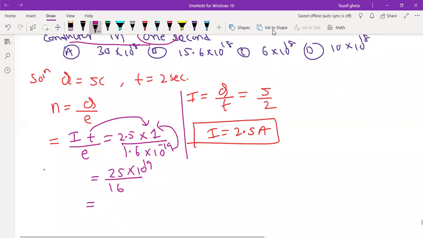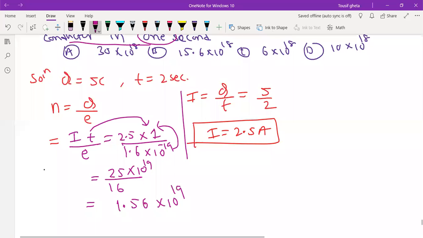Because we should find out, Rekha, how many electrons there are in 1 second. Electrons flowing in 1 second. 1.56, sir. Okay, right. So we got 1.56 into 10 raised to 19.